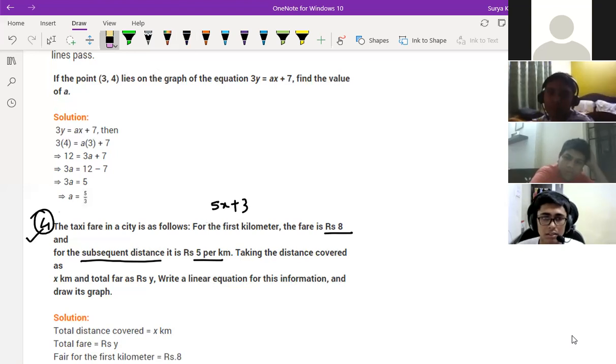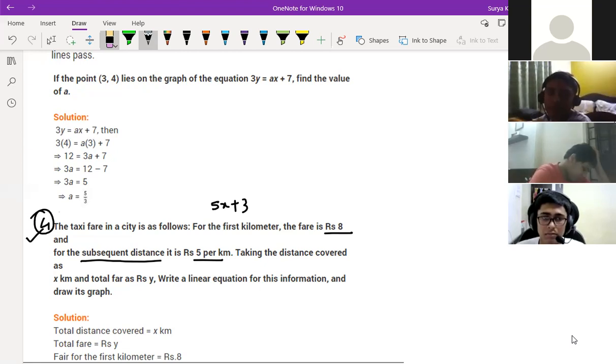Okay. And plus 3y? Plus 3y is nothing but extra rupees, right? You are saying. Yeah, extra rupees. The fare after 1 kilometer is 8, so if we subtract 5 from it, we will get plus 3.